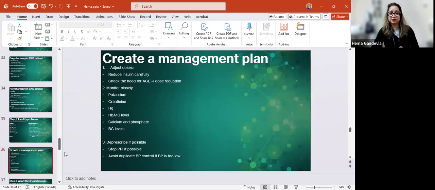Do we have a plan for him? Yes, we could work on a plan which looks like this. We could look at his doses and reduce his insulin dose very carefully, at really small intervals, so that he doesn't have hyperglycemia as an issue of dose reduction. And check the need for ACE inhibitor dose reduction.